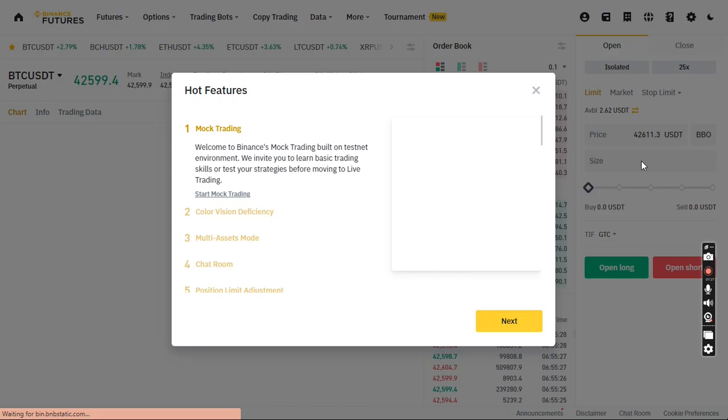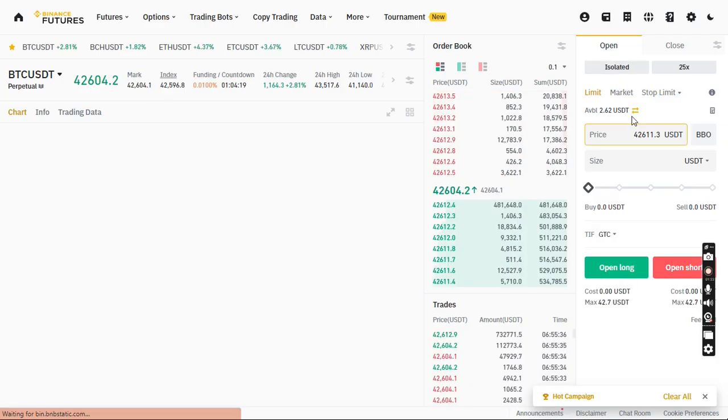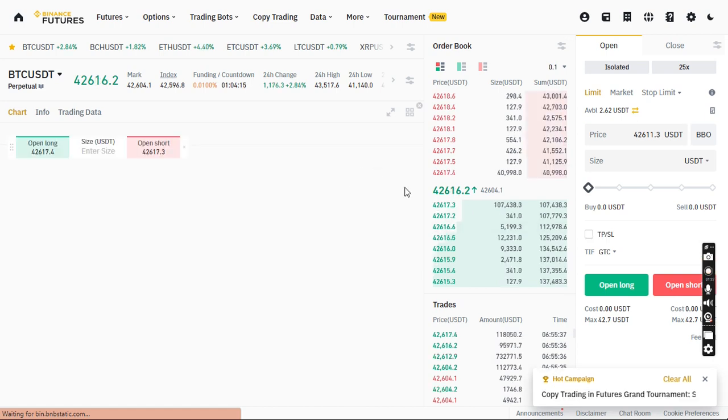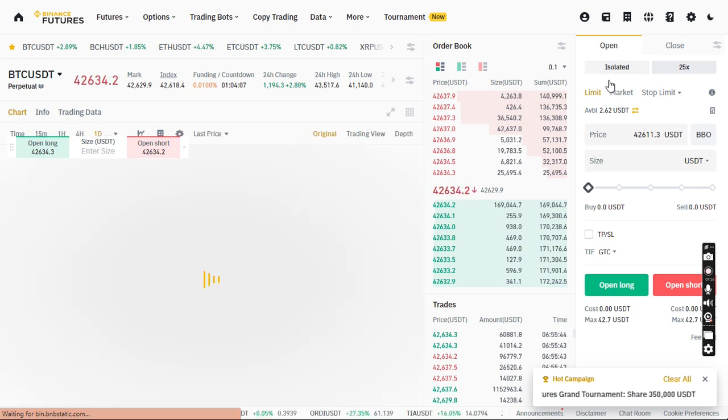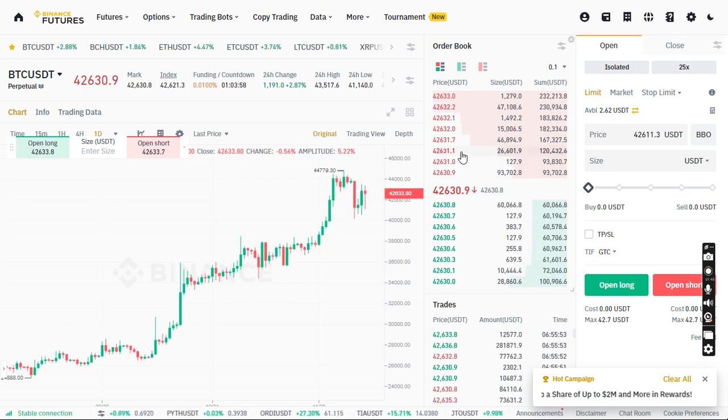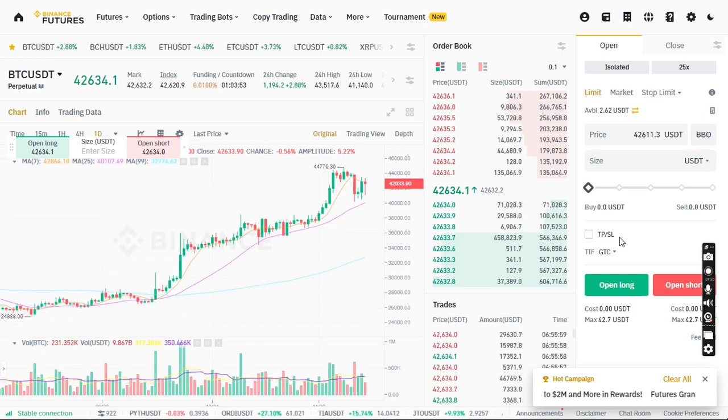If maybe you don't have funds in your futures account and you want to practice, you can use them. They have the free section where you can just deposit money and then practice using the free aspect of these futures, to set trades and watch how the trade plays out and all that.